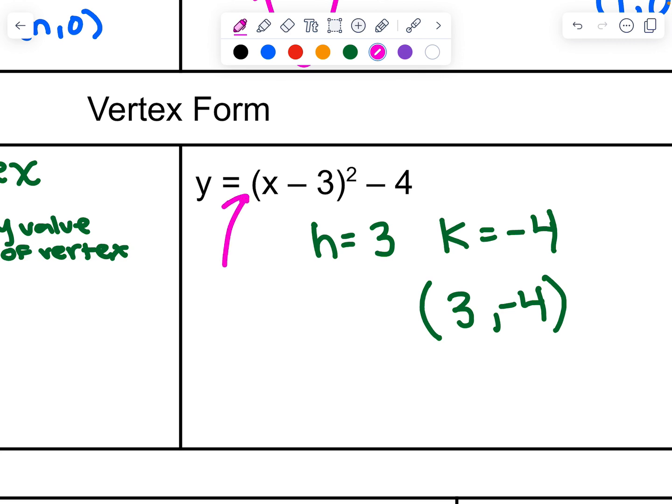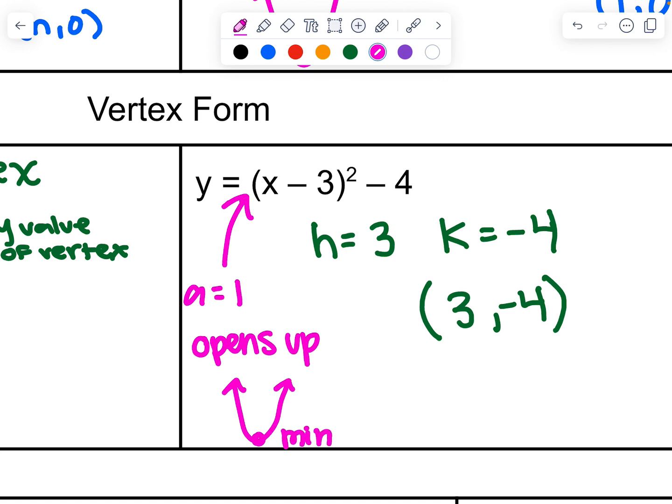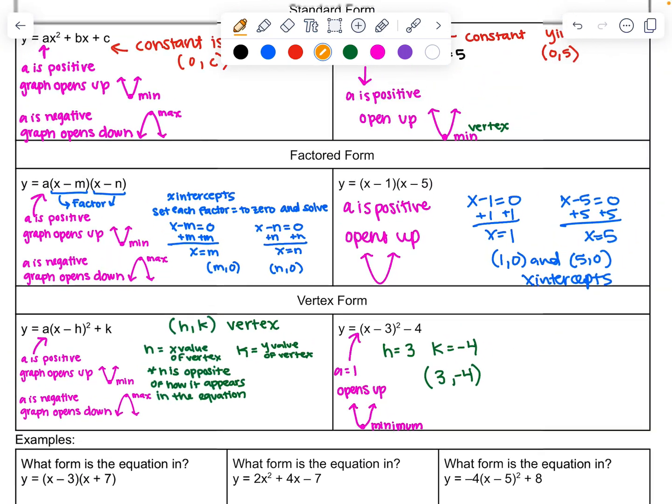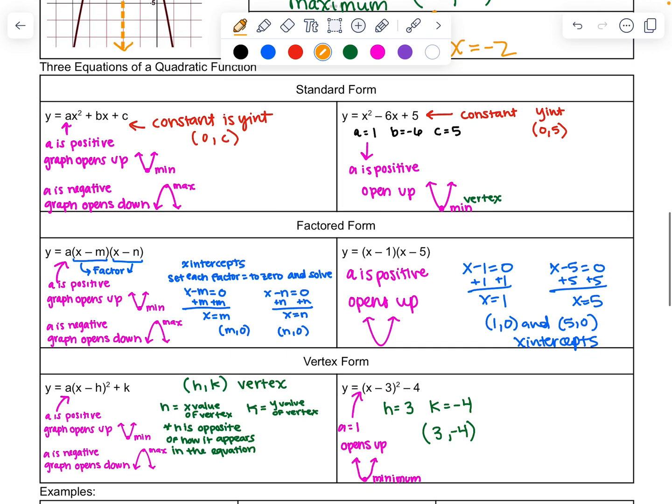Yet again, A is equal to 1, so this graph is going to open up, and we have that minimum for our vertex.